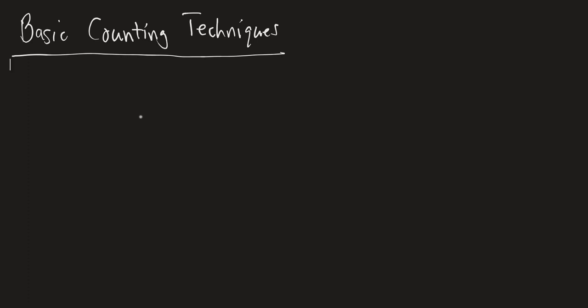So it's not just, okay, can you count from 1 to a million? That's tedious, but it's easy to do. But trying to figure out how many ways something can happen can be very, very challenging, right? So what we're going to present are a few counting techniques that will make that task a little bit easier, right?